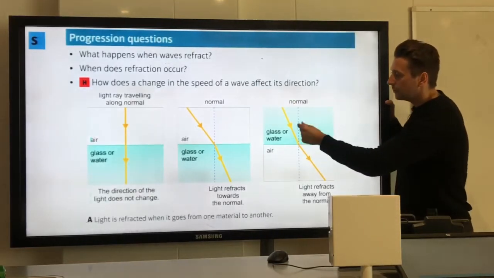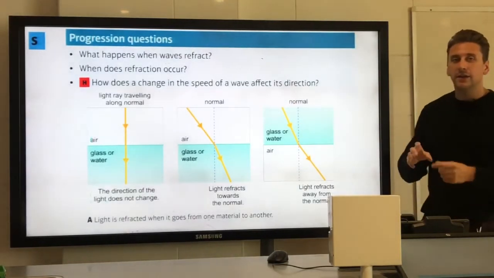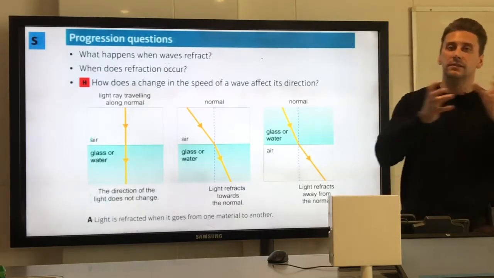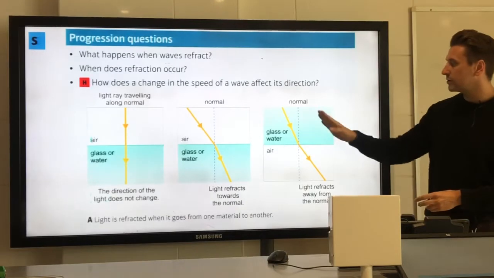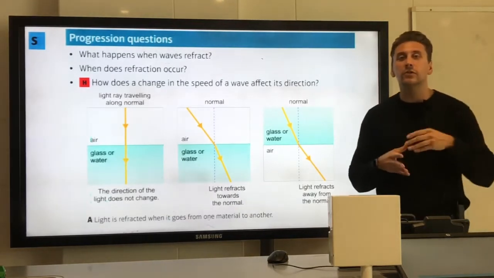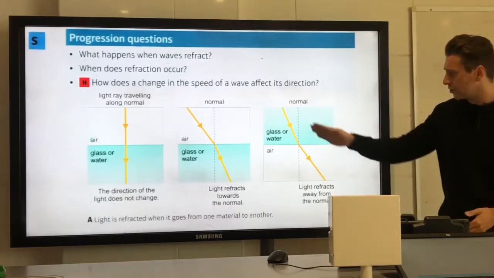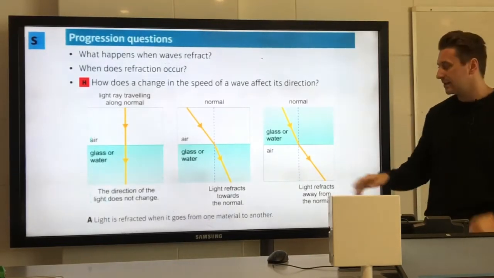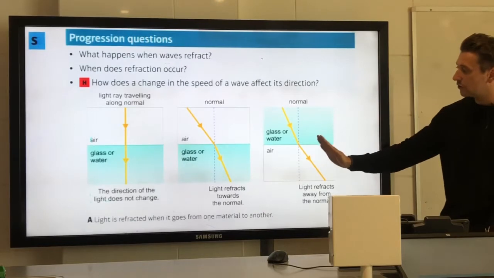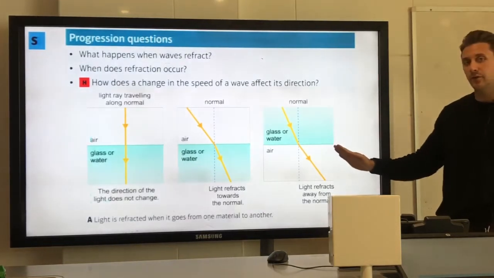But as it's going from glass or water to air, you're going from high refractive index to low refractive index. When it travels from glass or water to air, we know that the light is going to speed up. And as you can see, if it goes from high refractive index to low refractive index, then it changes direction, or it refracts, away from the normal.